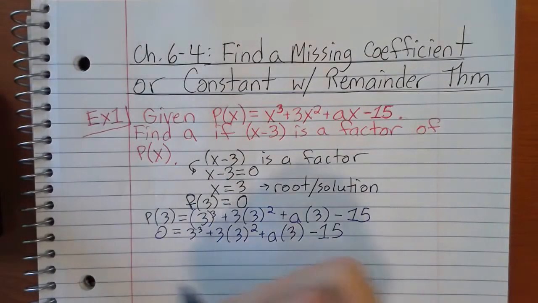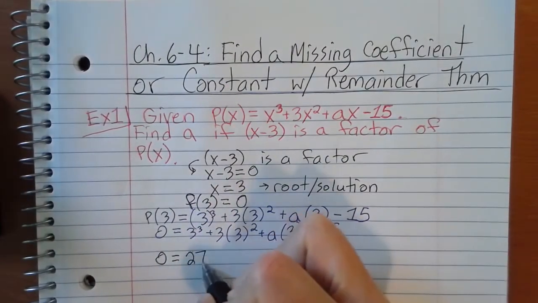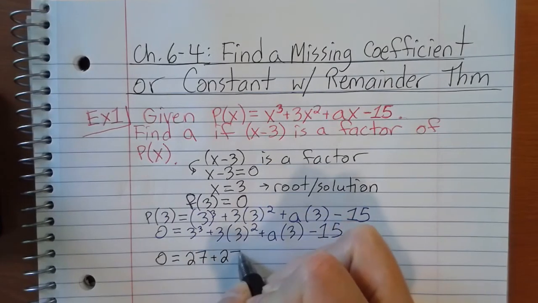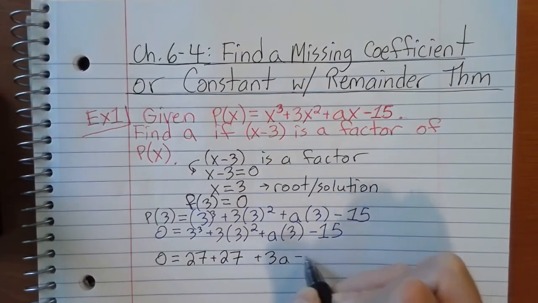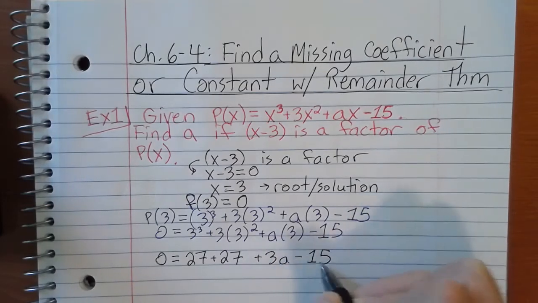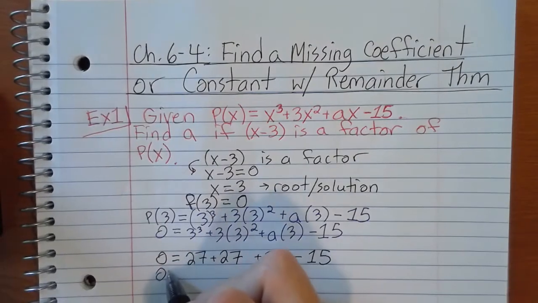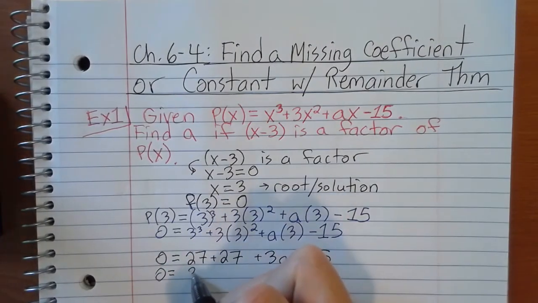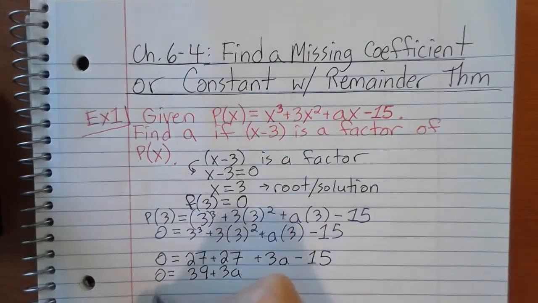So let's do a little bit of rearranging, and we get 0 is equal to 27 plus 27 plus 3a minus 15. And we take it one step further to get that 0 is equal to 39 plus 3a.